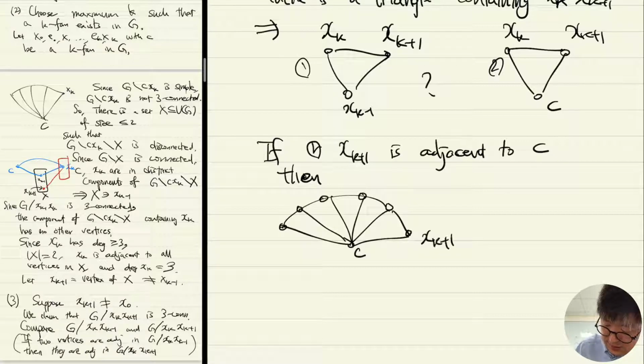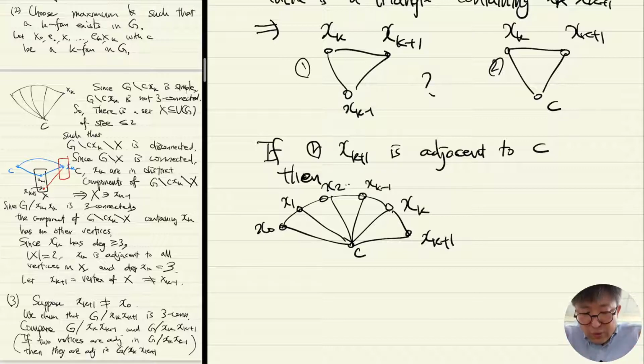this becomes xk plus 1. How do I know that xk plus 1 is not equal to any of these vertices?